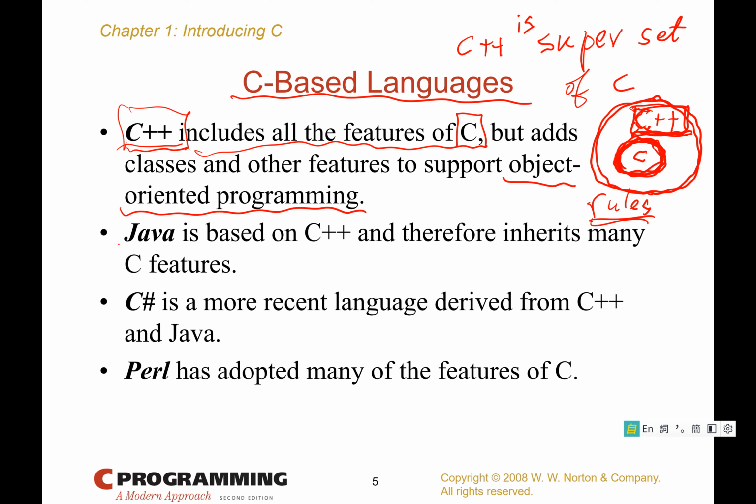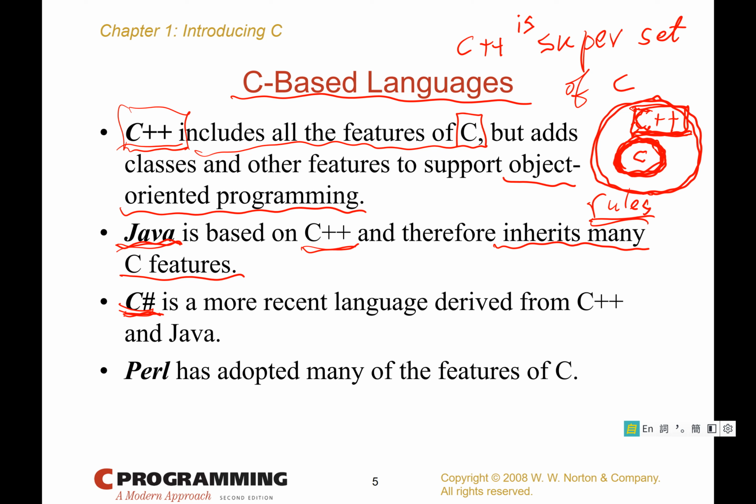Also, I think you have heard of the Java language, and Java is also based on C++ and inherits many C features. Then the newest C variation is C#.